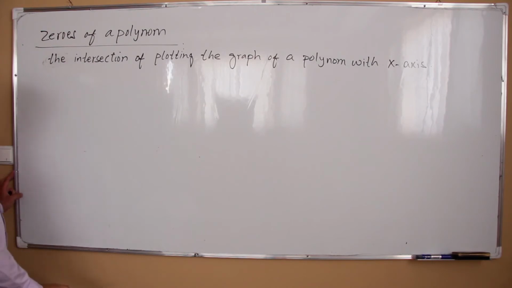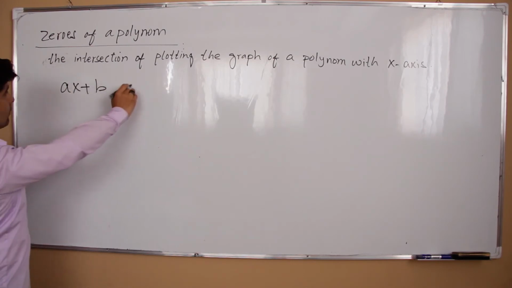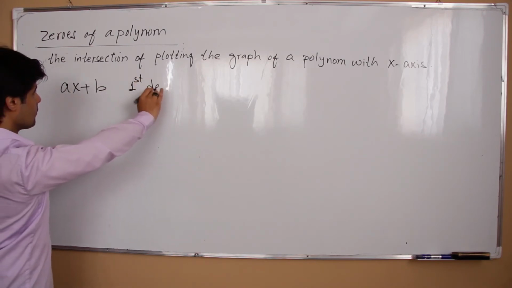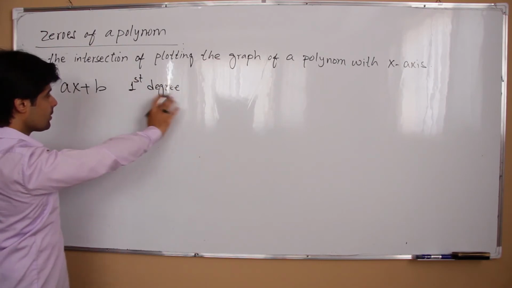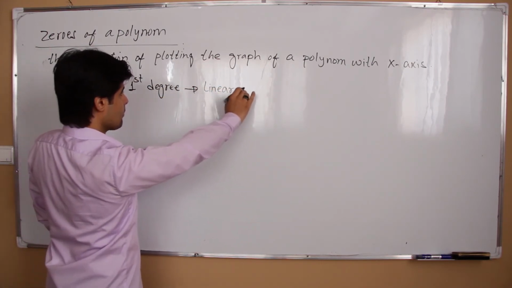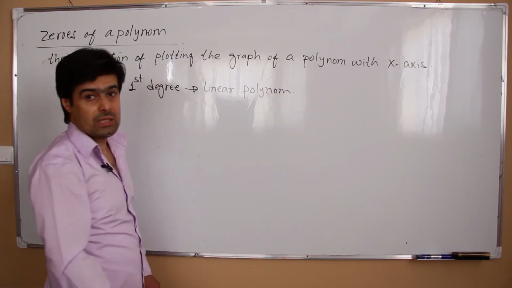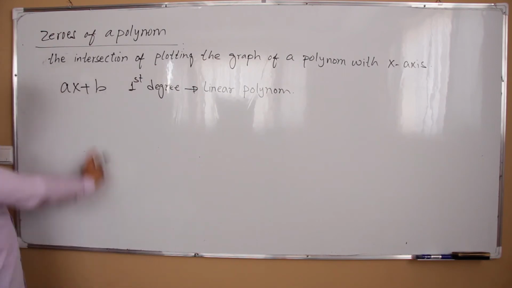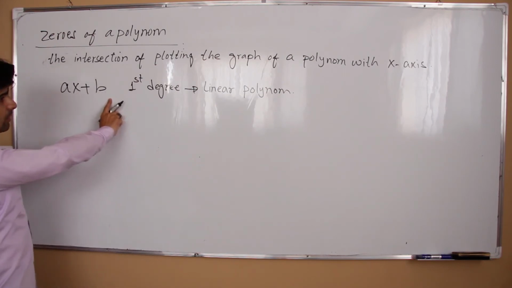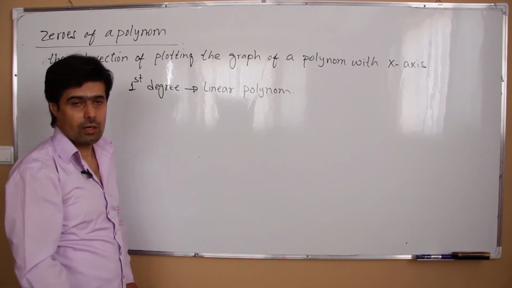First, you have to know that if we have ax plus b, this is a first degree polynomial. Another name for a first degree polynomial is linear polynomial. What does it mean? It means the graph of this one is a straight line.